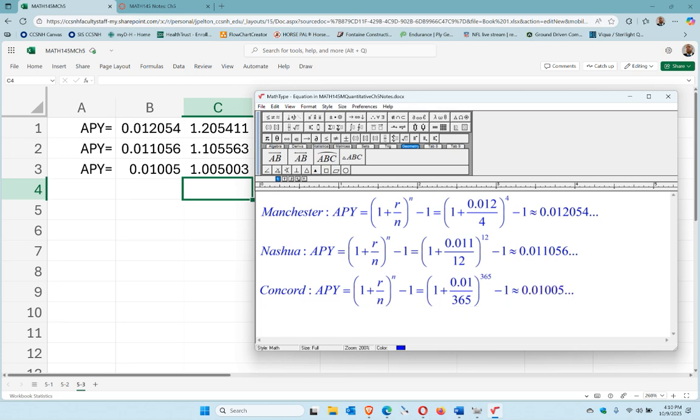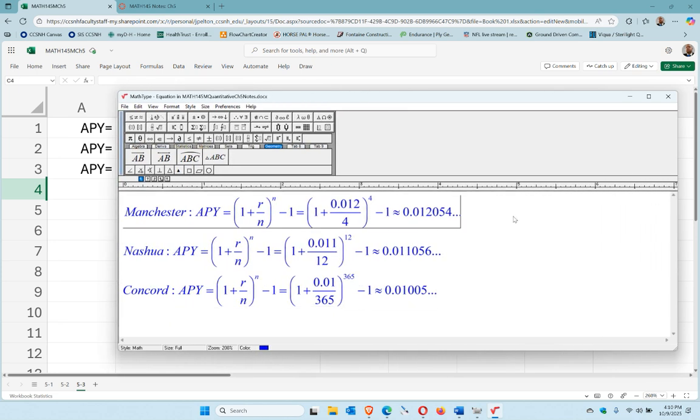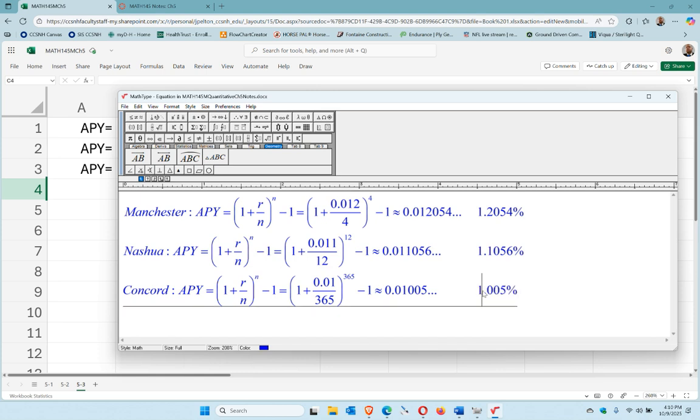This one is 0.01005 dot dot dot. If I multiply by 100, what we're actually getting is 1.2054 percent. This one would be 1.1056%. Again, it's an approximation. And then 1.005%. Let's make these orange to signify those are the answers.